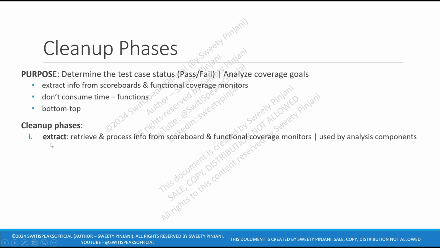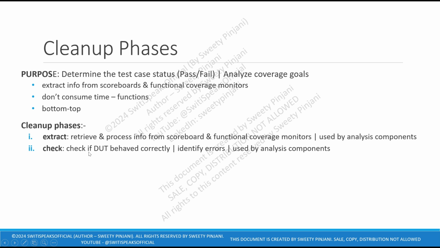This extract phase is used by some analysis components wherever the analysis is happening. For example, in scoreboard, we are analyzing whether the test is pass or fail. In functional coverage monitors, we analyze the coverage. These are the analysis components where some kind of analysis is happening. Then we have check.